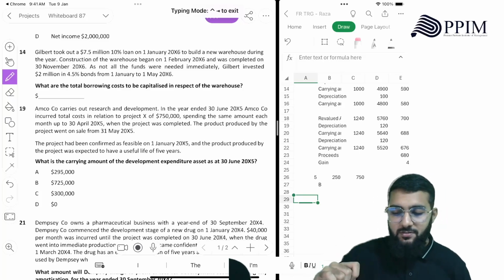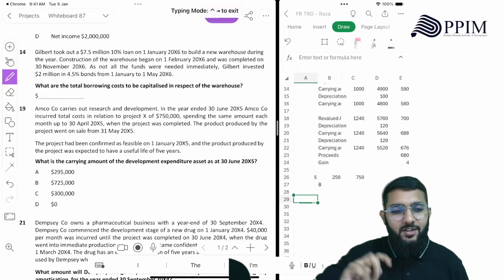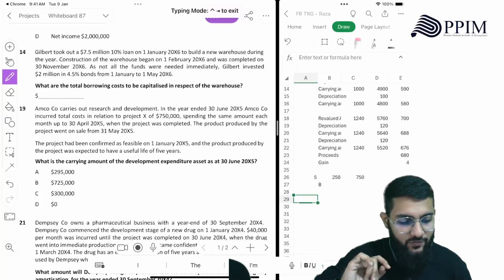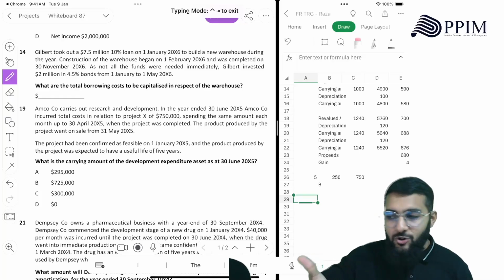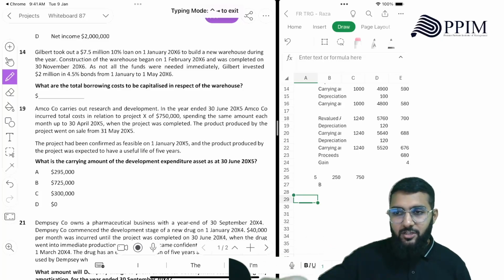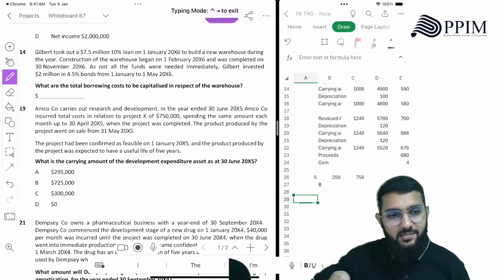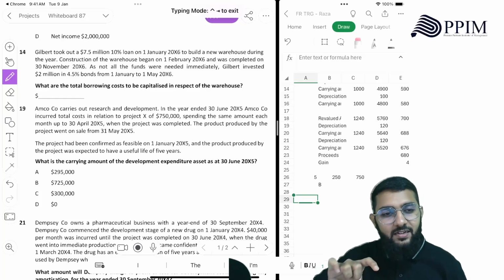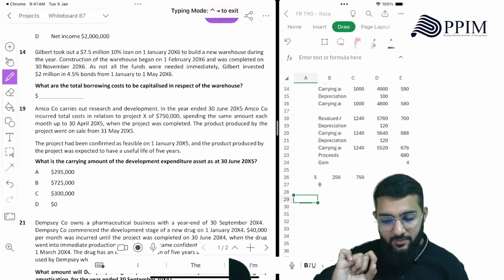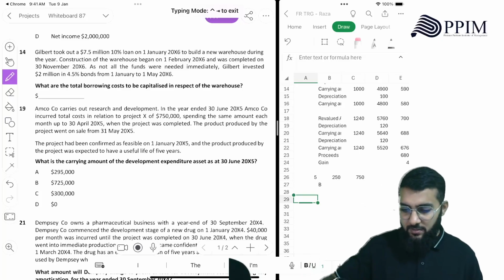Now what happened? Now there is a set off, right? To set off and get benefited, what does Gilbert do? Invests. So what does borrowing cost say? You will be capitalizing the net within the construction period. Okay, now how does that work? Let's do that question.